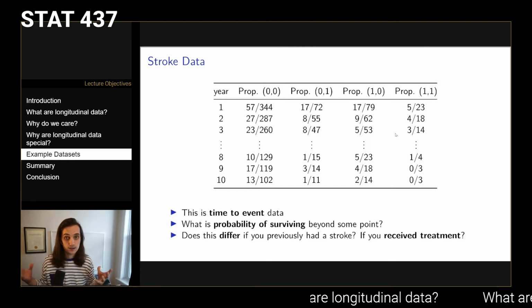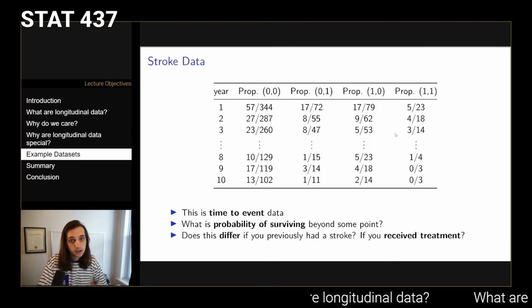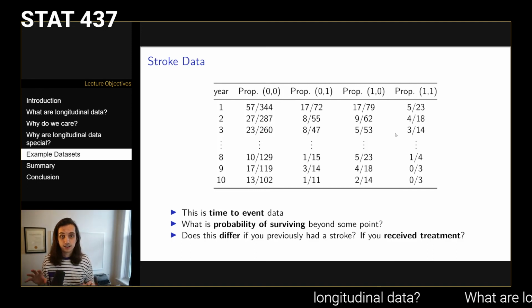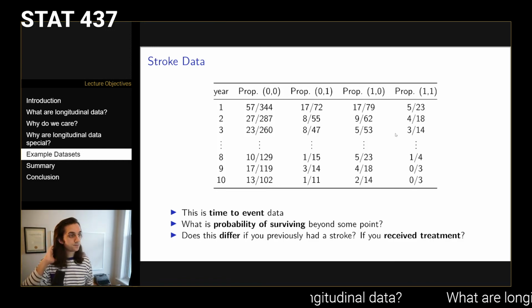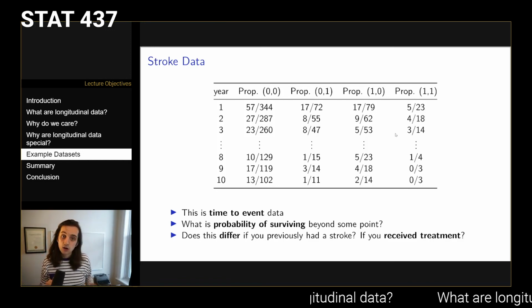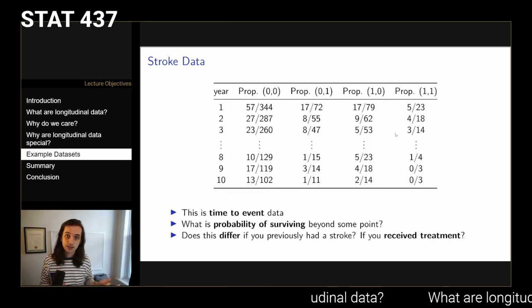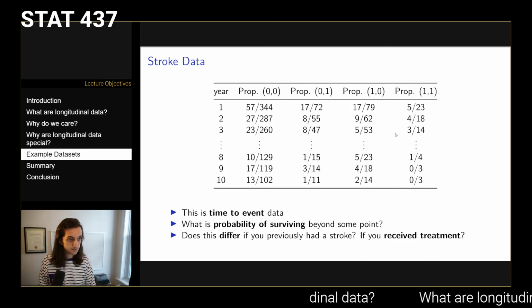And so this data, really, what we're looking at here is time to event data. So the outcome that we'd be interested in is how long until we observe someone having a stroke in each one of these groups.